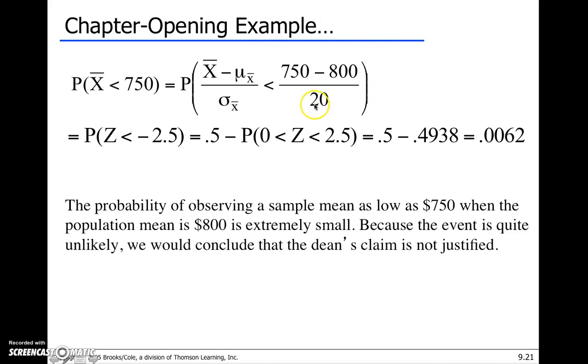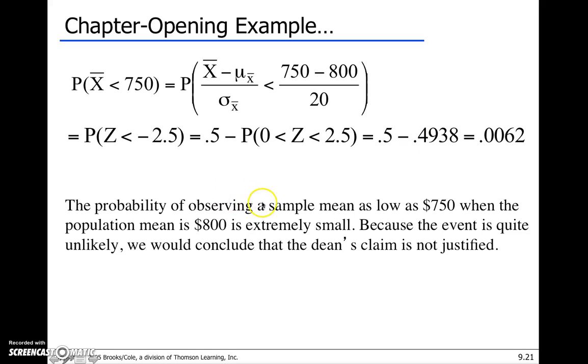That is, the probability z is less than minus 2.5 is equal to 0.5 minus the probability z lies between 0 and 2.5. That is calculating probabilities in the usual way we've done using the table. So it's 0.5 minus 0.4938, which gives 0.0062.